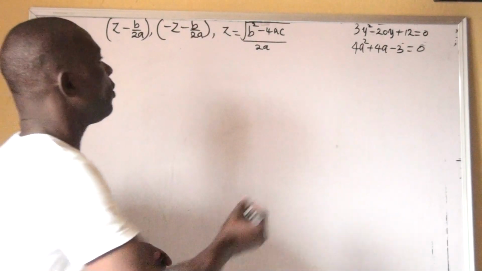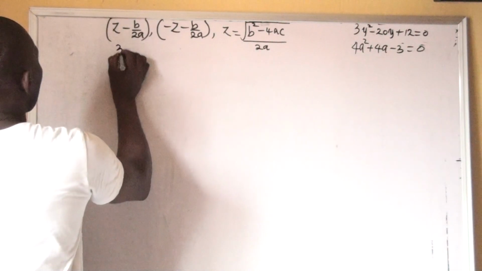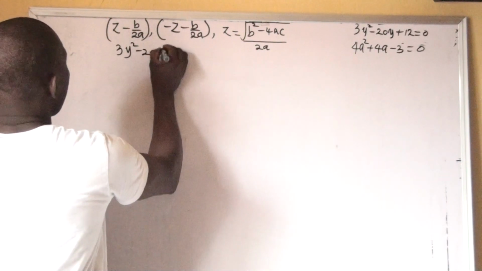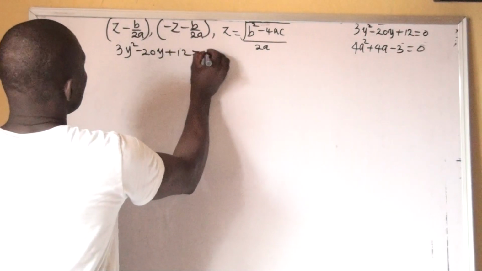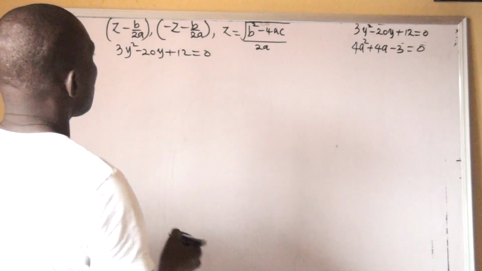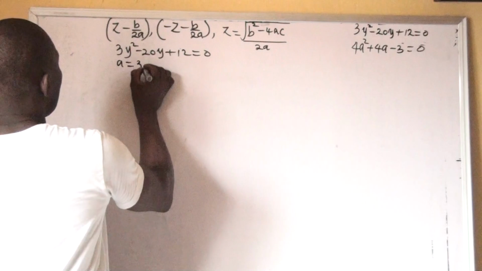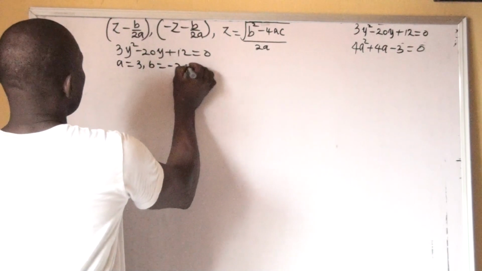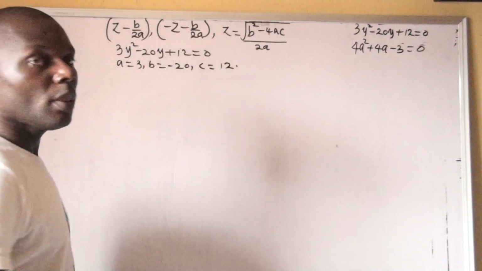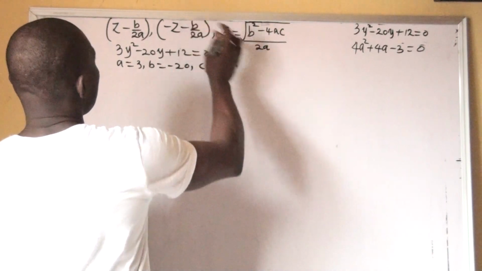From the first equation we have 3y squared minus 20y plus 12 equals 0. So let's find the roots using this approach. Here a is 3, b is minus 20, and c is 12. Now we find minus b over 2a.